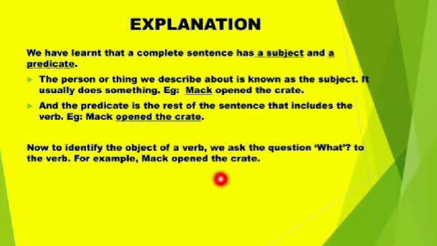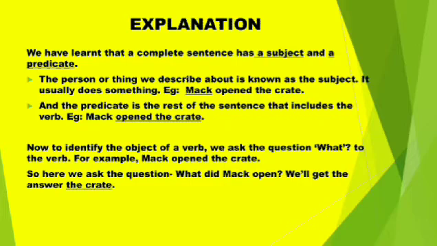The verb is opened. If we ask what did Mac open, we get the answer: the crate. This is the first part that we understood about the object of a verb.